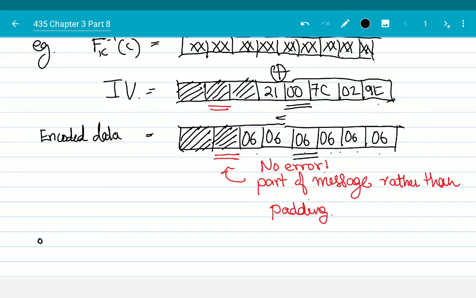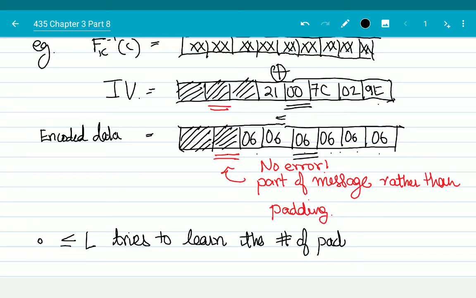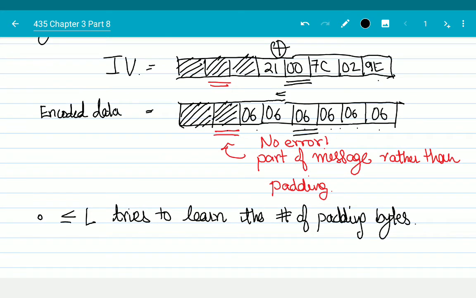So what is the attack complexity? You need less than or equal to L tries to learn the number of padding bytes, right?